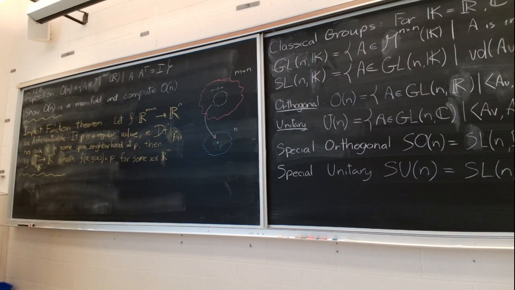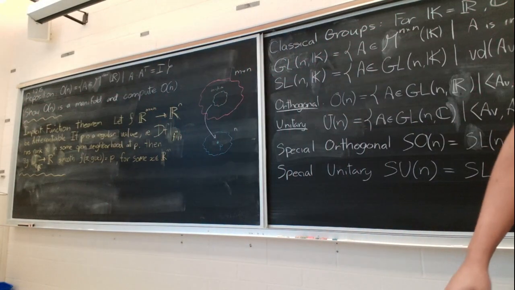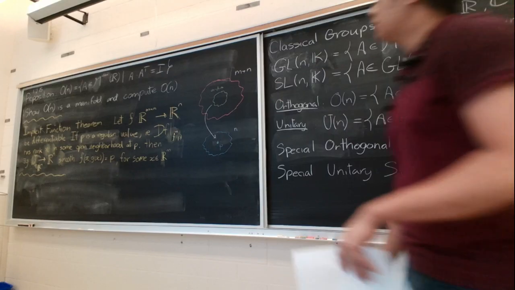Suggestions from the crowd. How are we going to use the implicit function theorem here to compute the dimension of a manifold? What are we going to need to find?